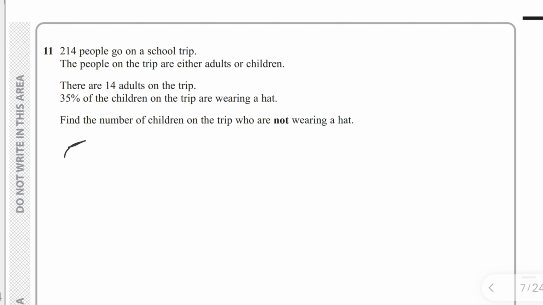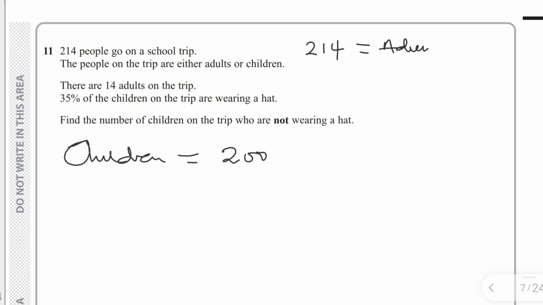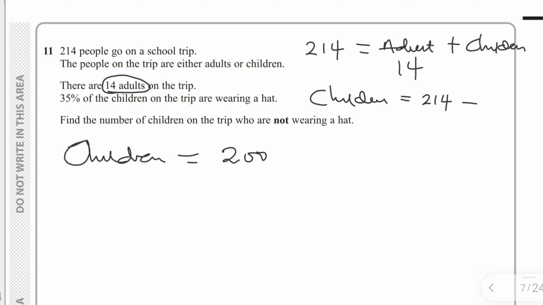So that would make children, because 214 people is equal to adults plus children. And already there are 14 adults. So that will only mean that the children will be equal to 214 minus 14, which is equal to 200.